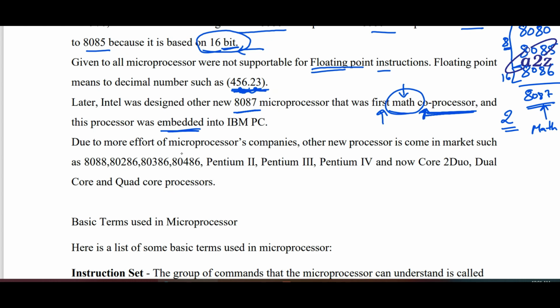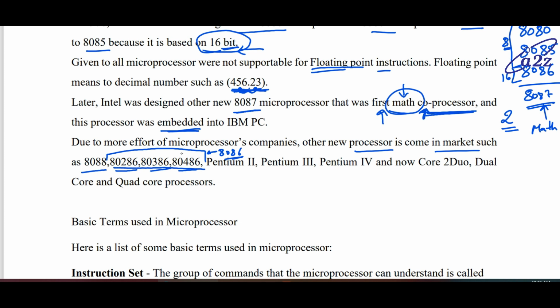Continuing in this, some new processors came into the market like 8088, then 80286, 80386, 486. Now these processors belong to the 8086 family: 80286, 386 and 486.